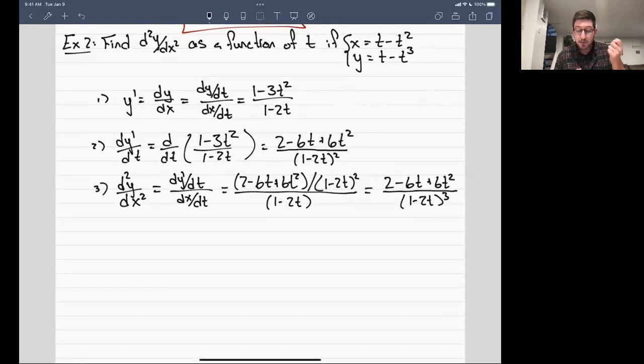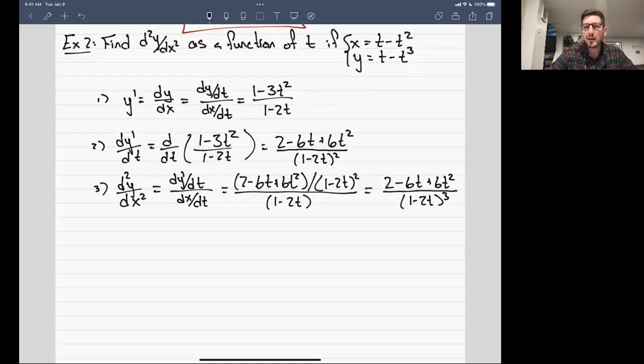We're parameterizing the derivative of y with respect to x in terms of t as well. We're parameterizing the second derivative of y with respect to x in terms of that hidden variable t. So t is doing all the work in the background, but it's giving me all the results in the plane that I care about in the x and y variables.